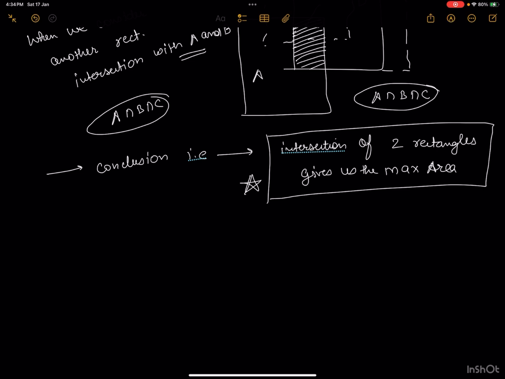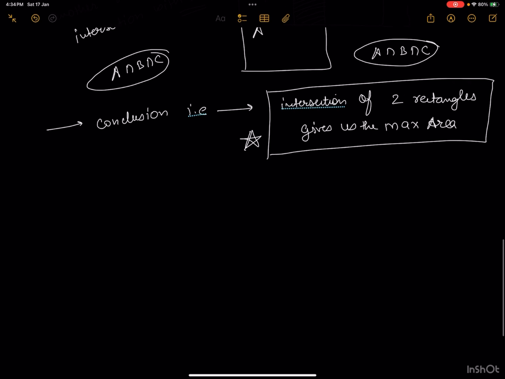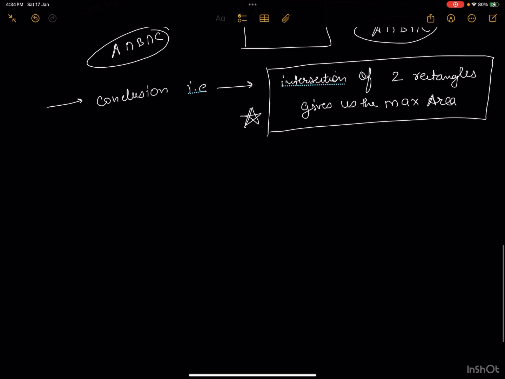So let us suppose if we add one more rectangle to the already existing intersection of two rectangles, that's only going to either keep the area same or further shrink it. So that's why in this problem, we won't consider intersection of 3, 4 and so on rectangles.